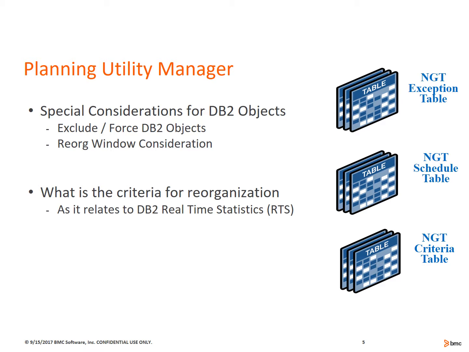The 3 simple tables that are used to govern BMC Utility Manager and the DB2 maintenance process are the criteria table, the schedule table, and the exception table. The exception and schedule tables are not mandatory and most likely will not be used in many situations.